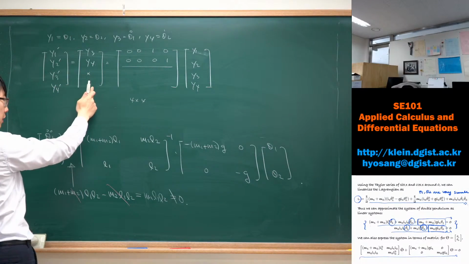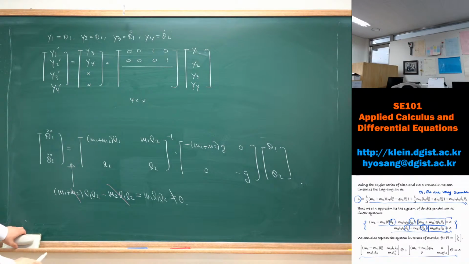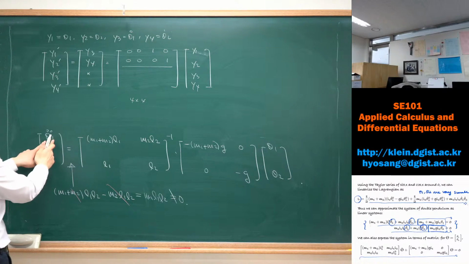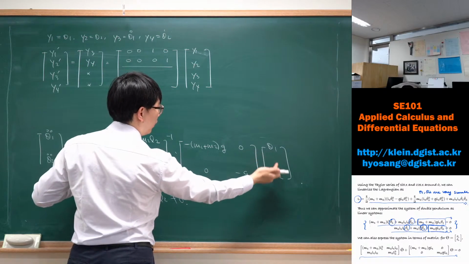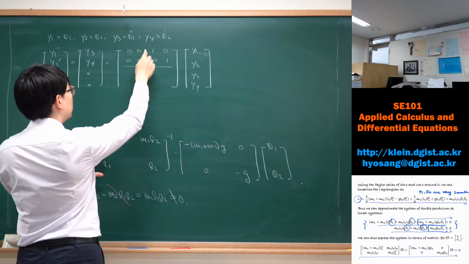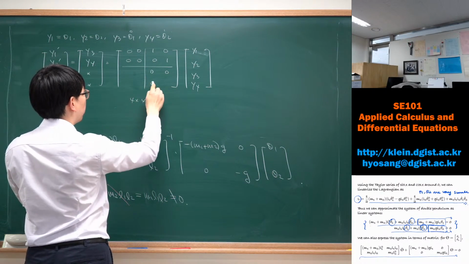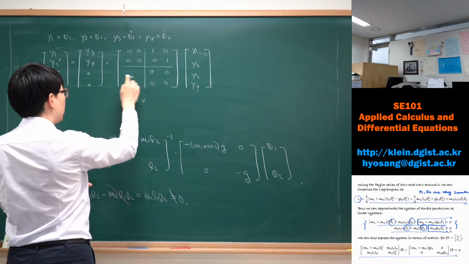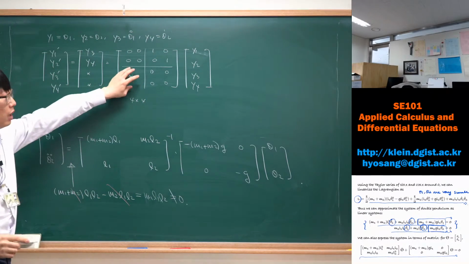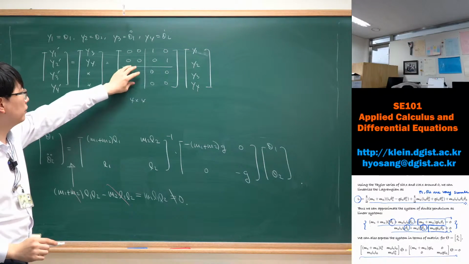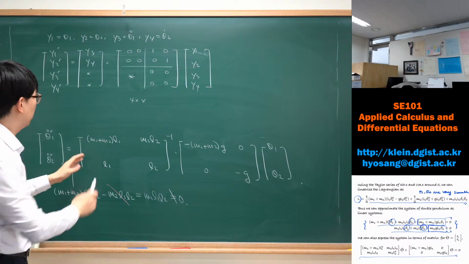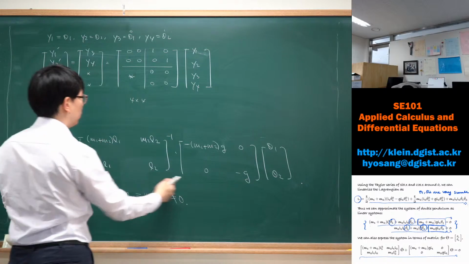And for the rest of the terms, y3 prime only depends on y1 and y2, right? So there's nothing here. What comes in the left bottom corner is the result of this matrix.